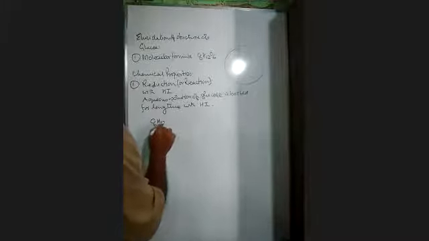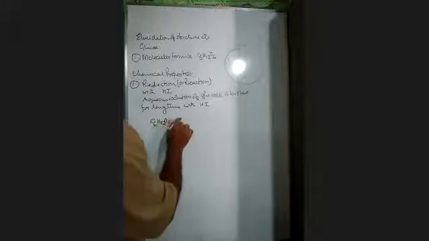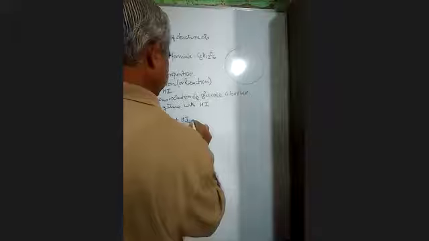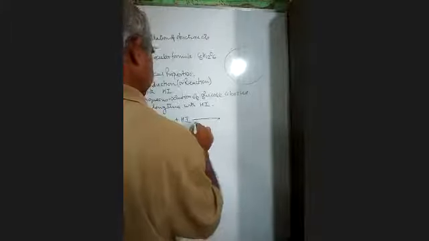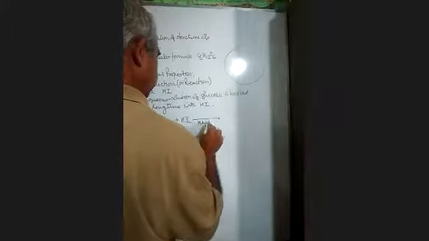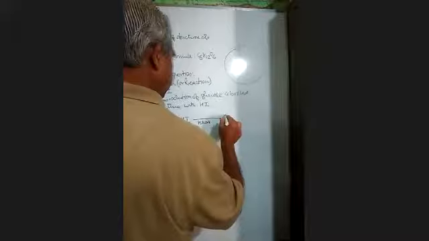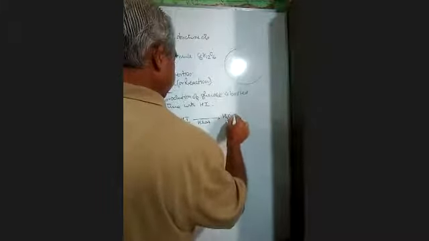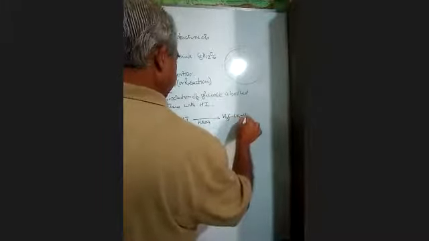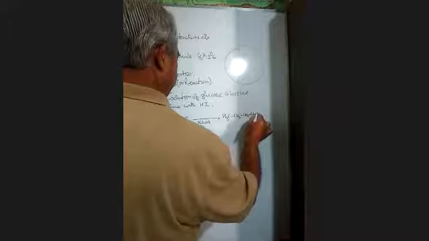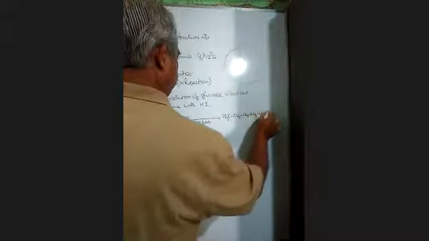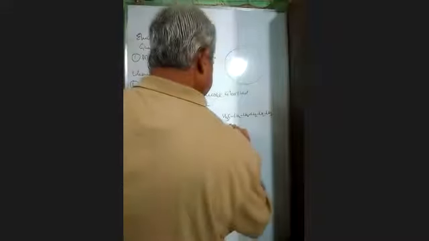We found that when we have boiled this glucose with hydrogen iodide for a long time, very interestingly, we get hexane. We can call it normal hexane.